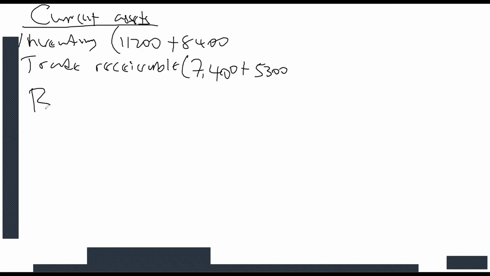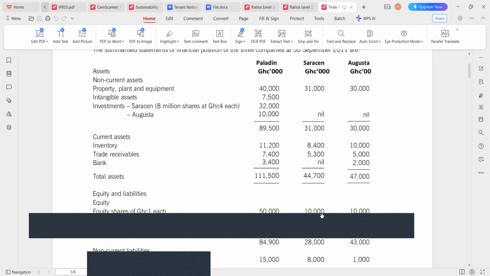Leave it. Bank. Bank is for only the parent. Parent and then Augusta, we only pick the parent's.